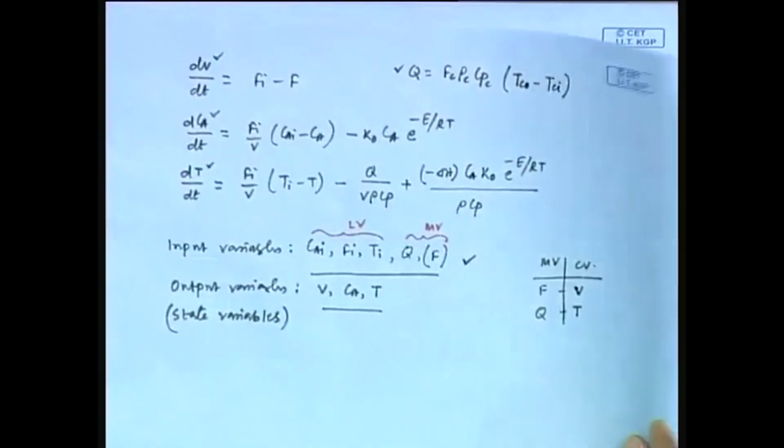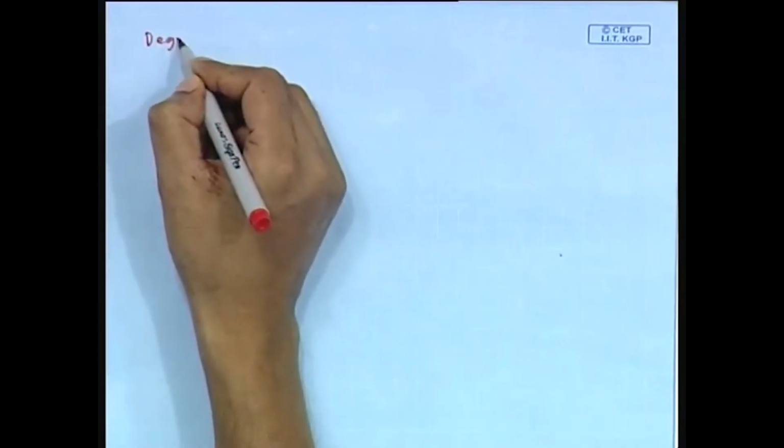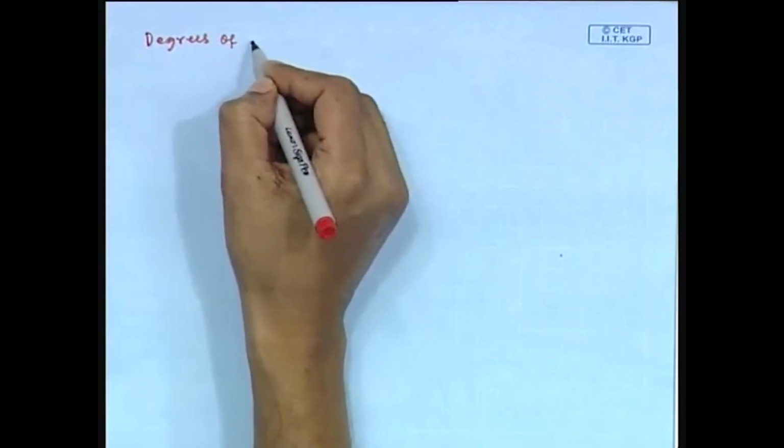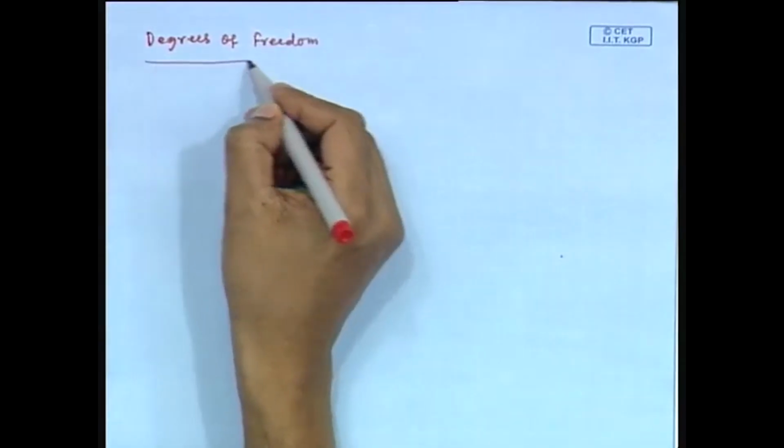Before going to discuss another system, we will study the degrees of freedom analysis. So far we have discussed the modeling of chemical processes. After deriving the mathematical model of a process, we need to solve those modeling equations.